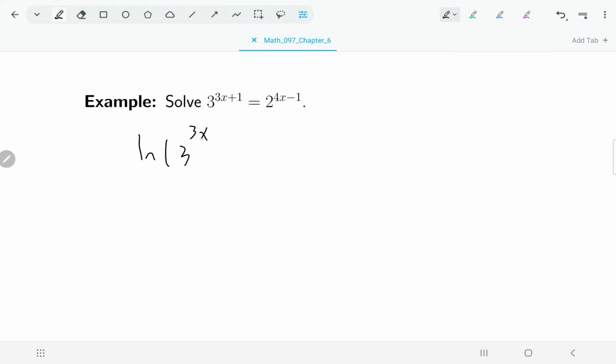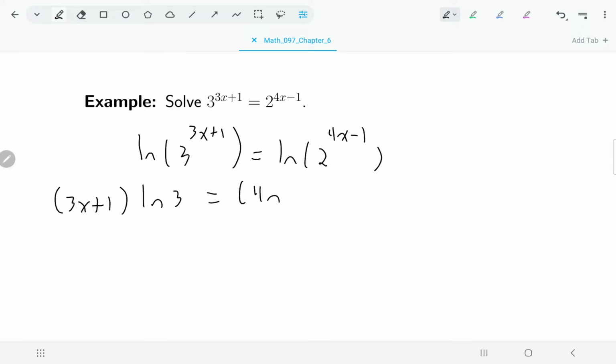So natural log of the left side equals natural log of the right side. And just as before, those exponents will come down in front. One thing to note here, you might have noticed me putting brackets around that exponent.